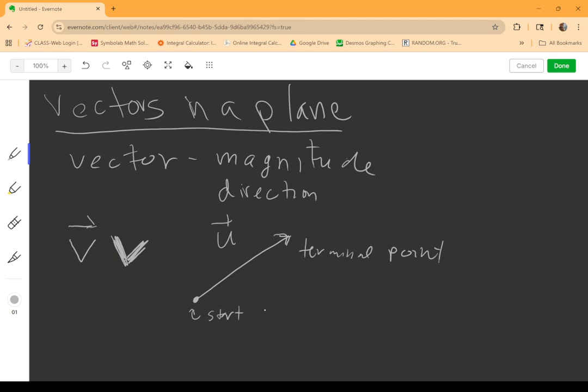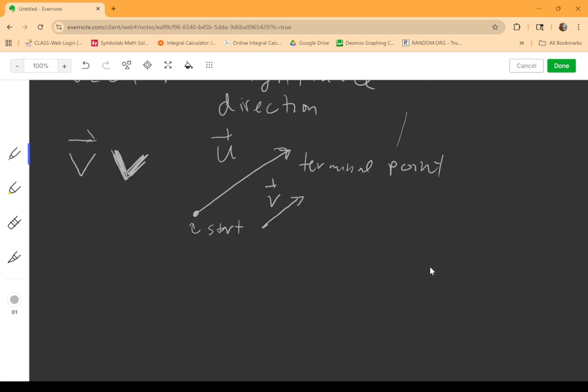So you can think of a vector u and then a vector v. We can also think of vectors u and v in a different example here. Let's say we call this vector u, and then this vector v.